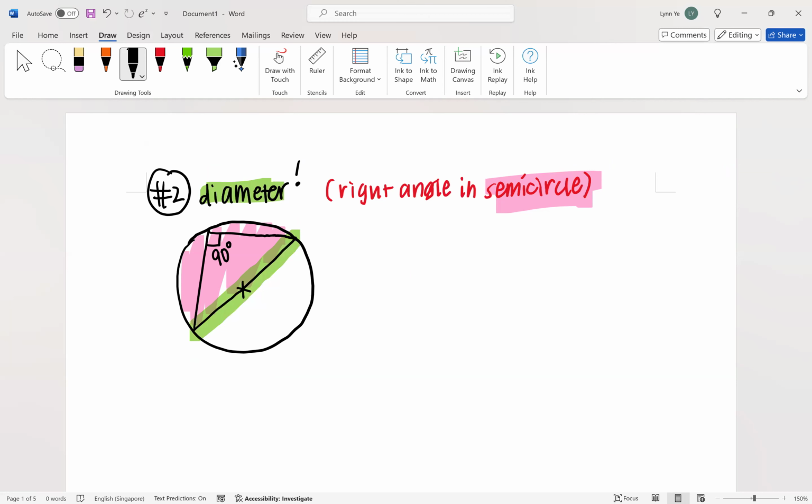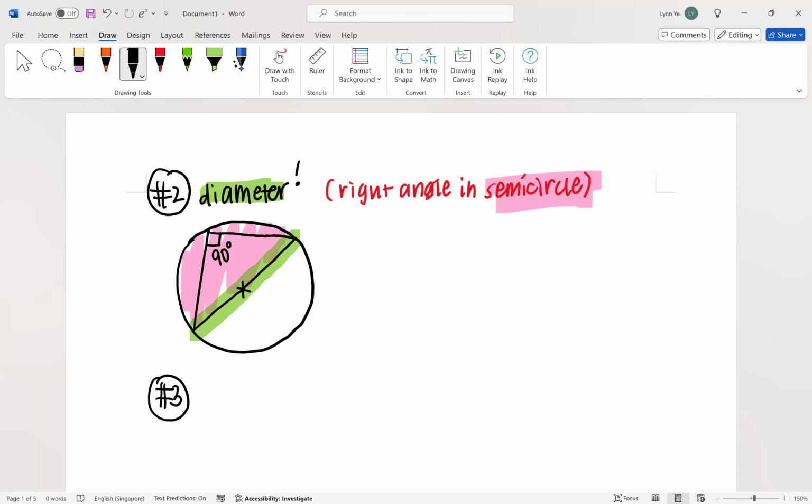Now, these two seem very easy, right? Now we'll move on to something more complex. So these are things that I look out for whenever I do circles questions, okay? Can you see my whole flow of thoughts? Number 1, I go and find my who first? Radius, correct? Number 2, who do I find next?